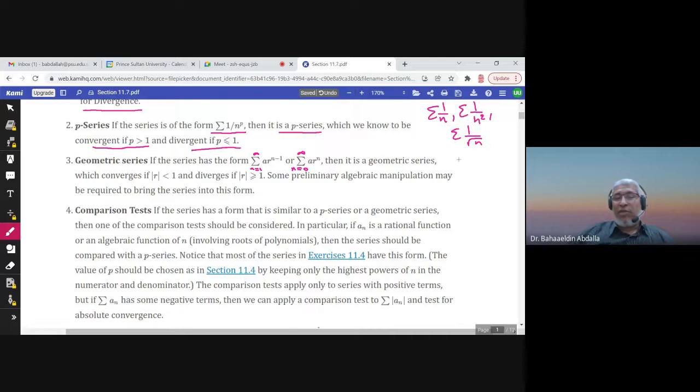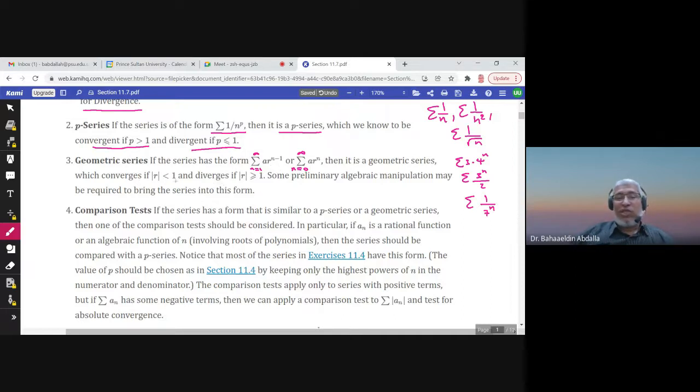So for example, summation 3 times 4 to the power n, or summation 3 to the power n over 2, or summation 1 over 7 to the power n. All of these are written in this form, and they are geometric series.